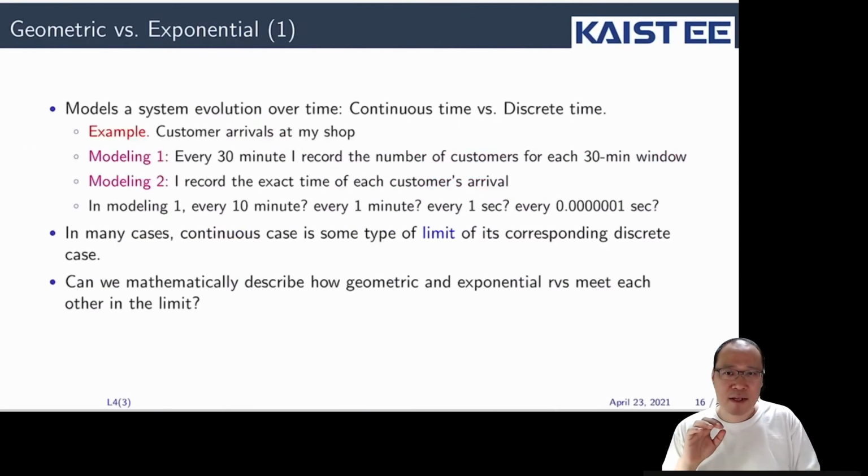And as you can expect, then the exponential random variable looks like some kind of a limit of the geometric random variable, because geometric random variable is defined for the discrete case. So the question is that, can we mathematically describe how the geometric and exponential random variable meet each other in the limit?